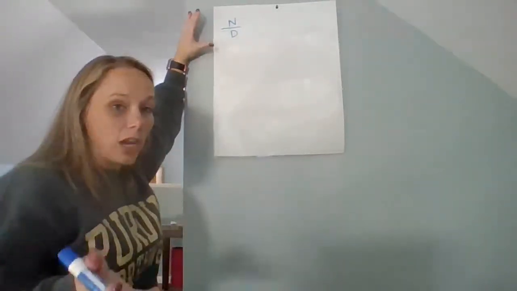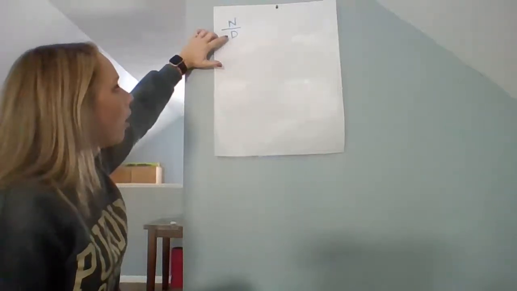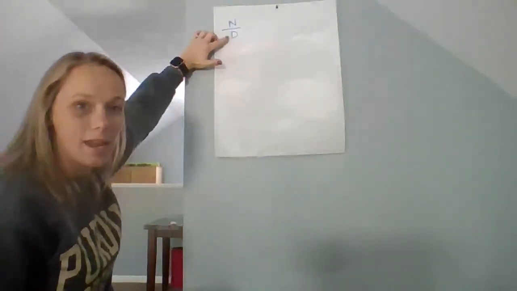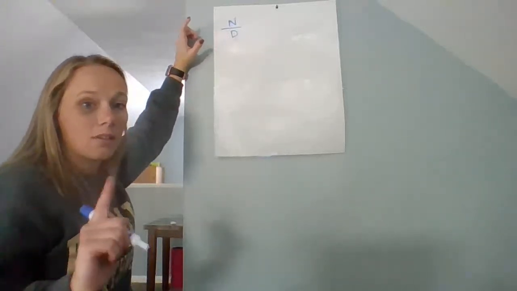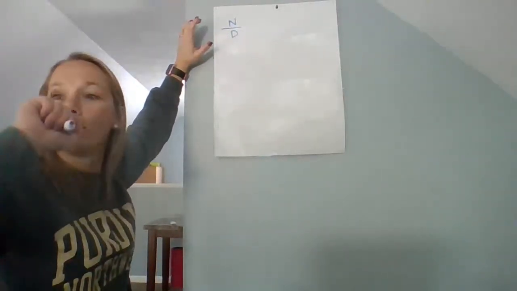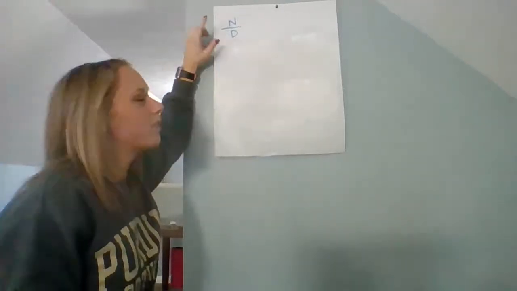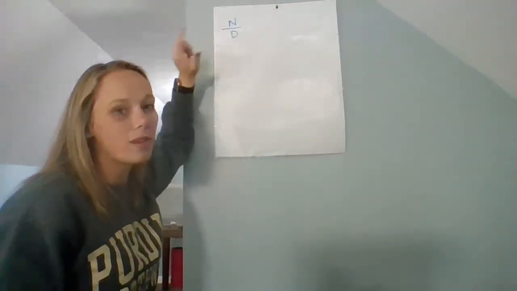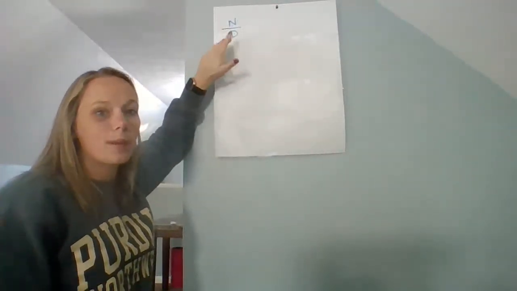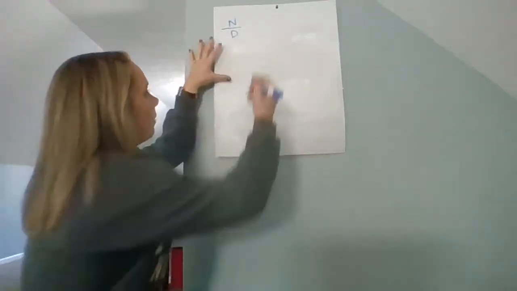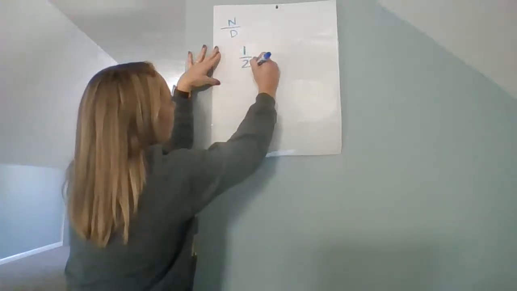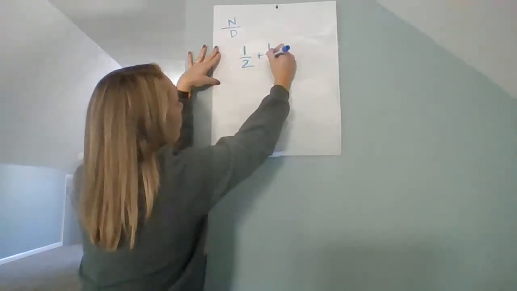When we add and subtract fractions, we know our denominator has to be the same. But we also know how to simplify fractions. So if we can simplify them, we can multiply the top and the bottom by the same number and get an equal fraction. So my next one I want to do is 1/2 plus 1/4.